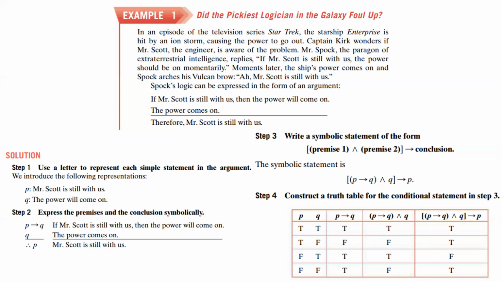My second row has a false, my P is true, so that's a true result because of the weird rules of if-then statements. My third row has a true in my second to last column and F for P. And my last row has a false in my second to last column, so not all of my premises hold, and a false for my P. And so that's going to return a true statement.